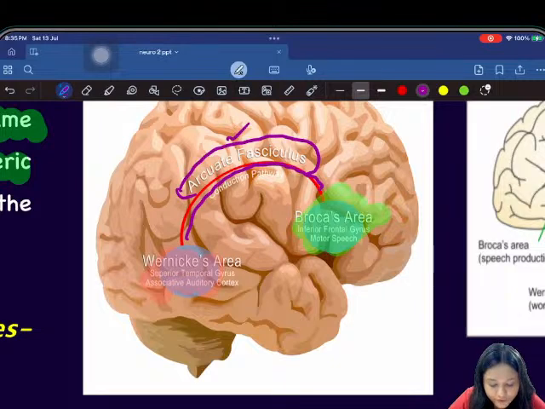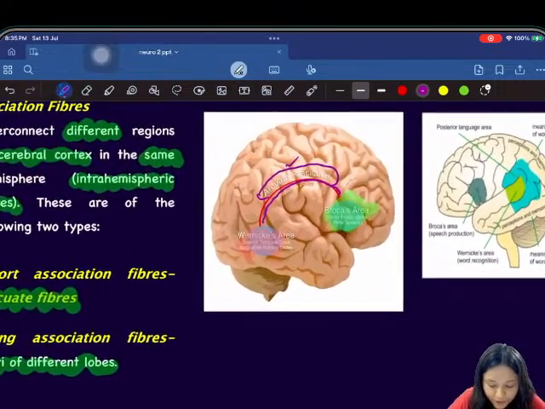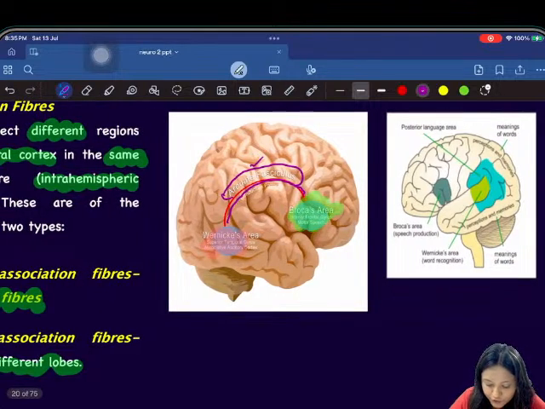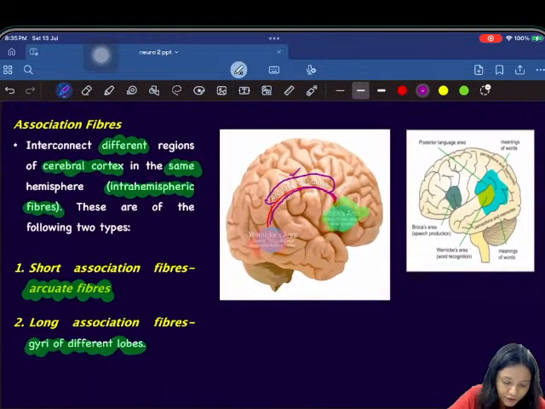Okay, Broca's and Wernicke's are in the same cerebral hemisphere, same side, so you can see that it is intrahemispheric, as I told you. So Broca's and Wernicke's are connected by the arcuate fasciculus, and the arcuate fasciculus is an association fiber. Okay?